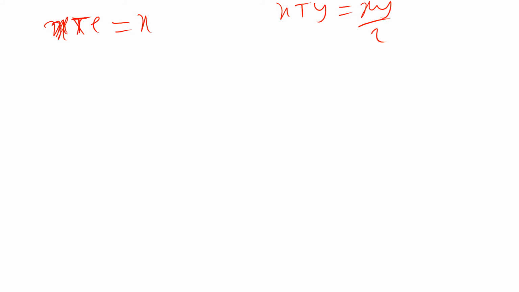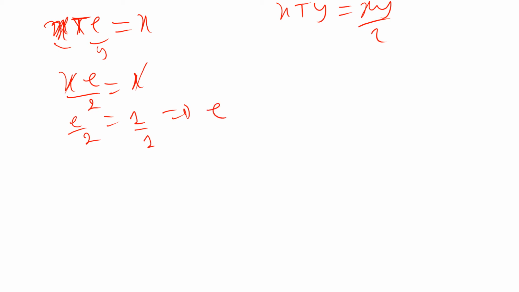Now this one is x, then we replace y by e, and we get xe over 2, which is equal to x. Now simplify, it remains e over 2 equals 1, then by cross multiplication, e is equal to 2. Now an identity element exists and it is equal to 2.